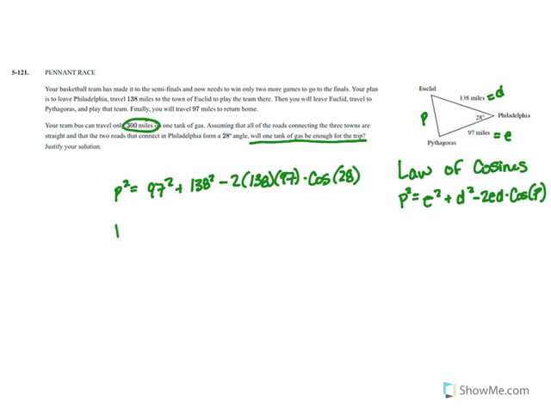P squared, not as big as last time though, is approximately 4,814.7270, whatever, it doesn't matter, because you're going to type the answer. So square root both sides, those are the opposites. So P is approximately, type in second, square root, second, answer.